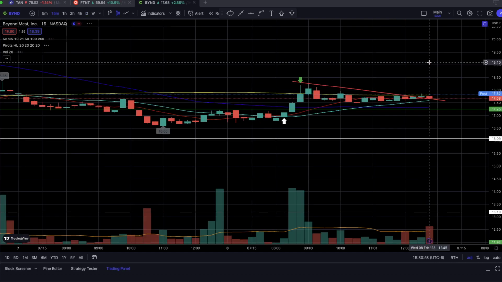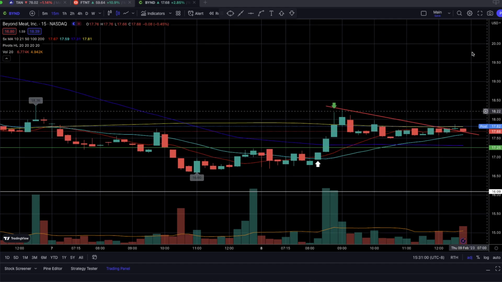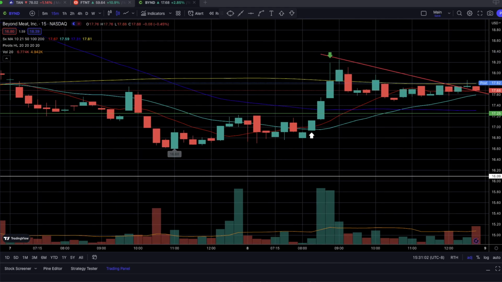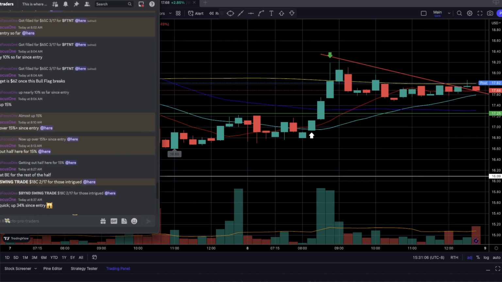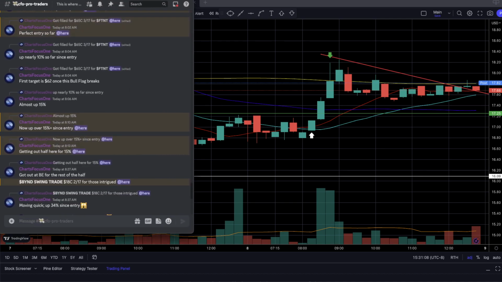So if you go on my favorite intraday time frame, the 15-minute time frame, we got in as shown by the white arrow and shown by this message right over here on this candlestick. So at 8:27 a.m., I said Beyond swing trade, 18 strike call contracts that expire on February 17th.